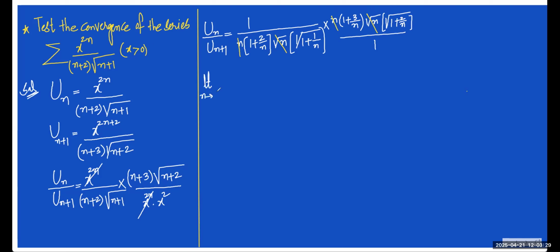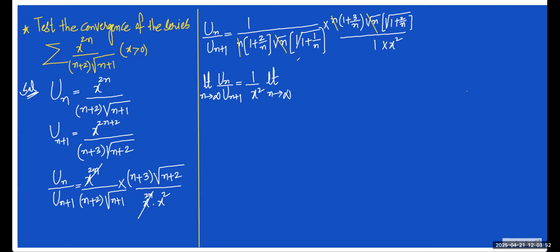Limit n tends to infinity, UN by UN plus 1 value, which is also equal to, sorry, I forgot to write here x square, should be there. So 1 by x square is free from n tending to infinity. That will be pulled out.